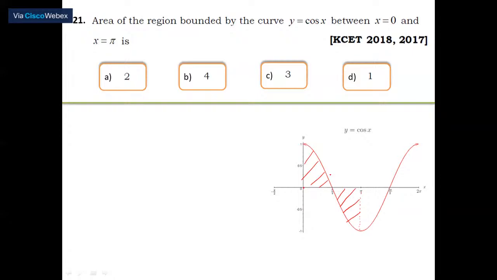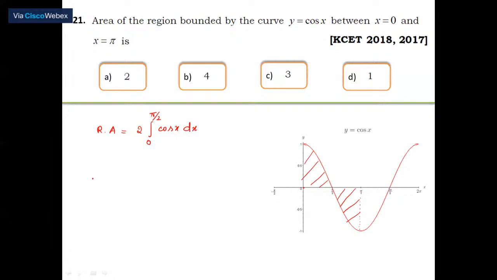Here, if you observe properly, the area what we have from 0 to pi by 2 is the same as the area what we have from pi by 2 to pi. So our required area, we can consider it as 2 times the area bounded from 0 to pi by 2. And our y is cos x into dx.